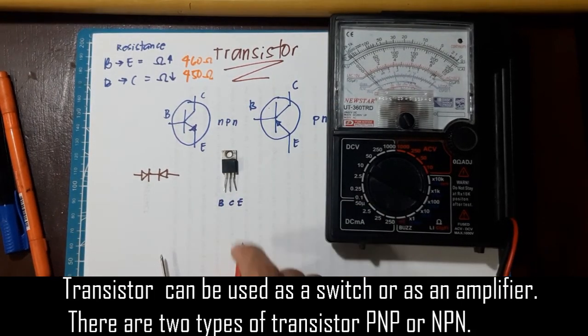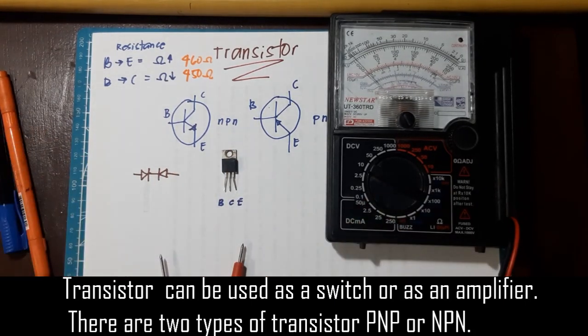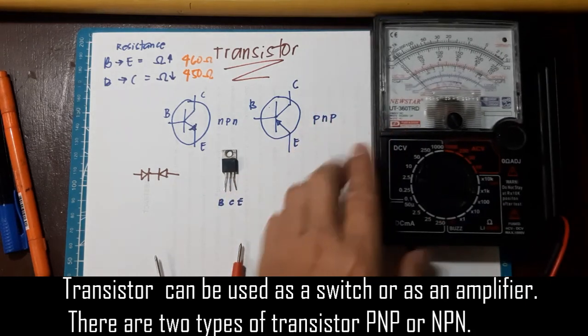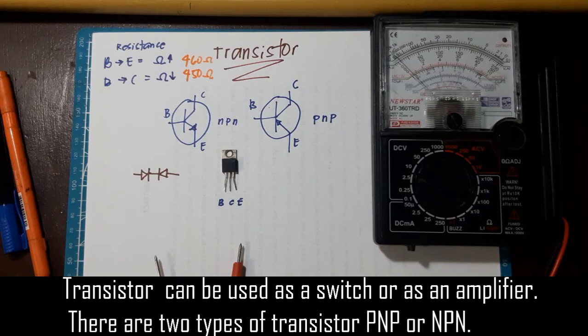I hope this line of thinking and analysis will help you in identifying the pinouts of our transistor, whether it's base, collector, emitter, and the type of transistor that we are using, whether NPN or PNP transistor. Okay, thank you.